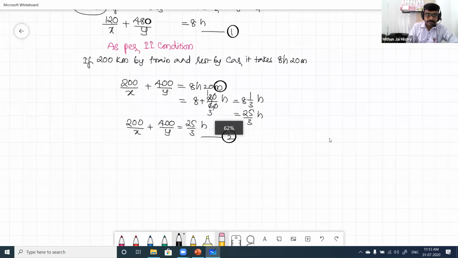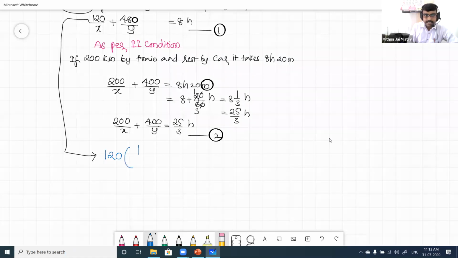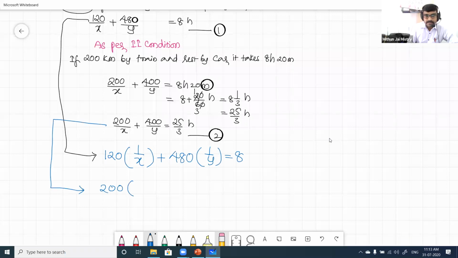Now equation 1 will be transformed like this. I can take 120 common outside: 120 into 1 by x plus 480 into 1 by y equals 8. And this one becomes 200 into 1 by x plus 400 into 1 by y equals 25 by 3. So what did you observe?